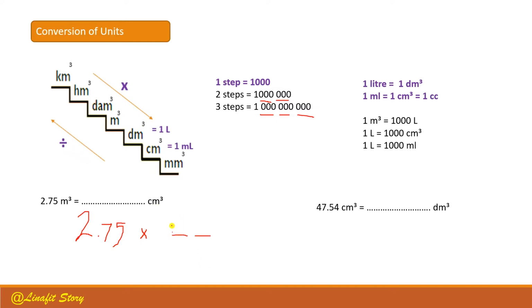So we multiply it by 1 million. 2.75 times 1 million. How many zeros are there? There are 6 zeros. Move to the right 6 times. 1, 2, 3, 4, 5, 6. So the answer is equal to 2,750,000 cubic cm.